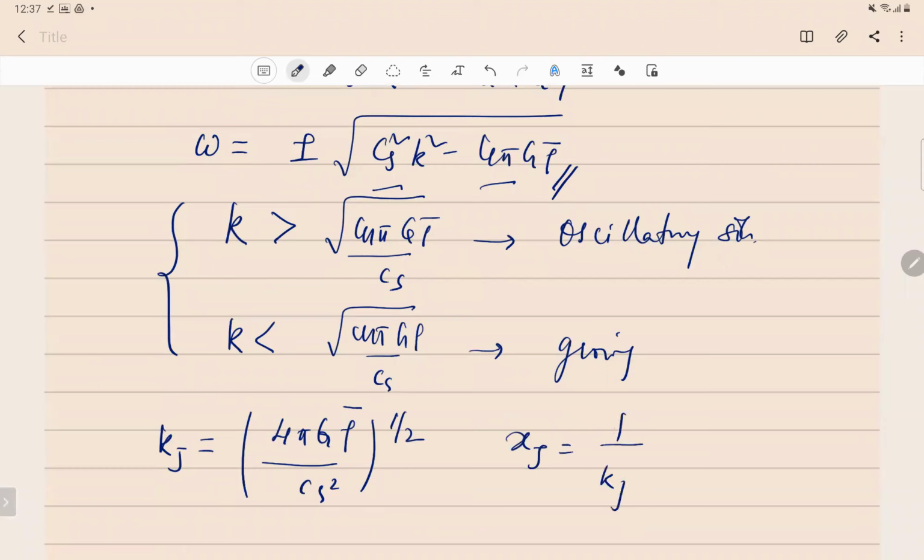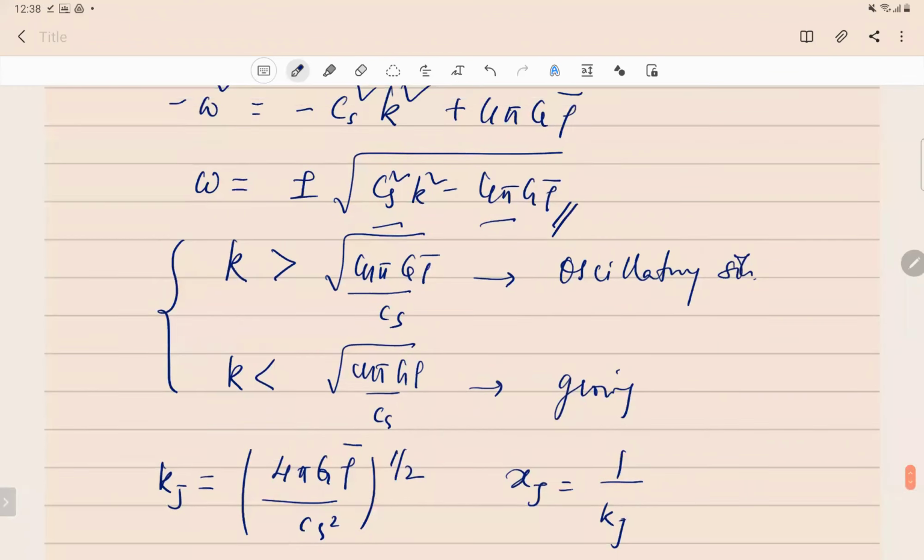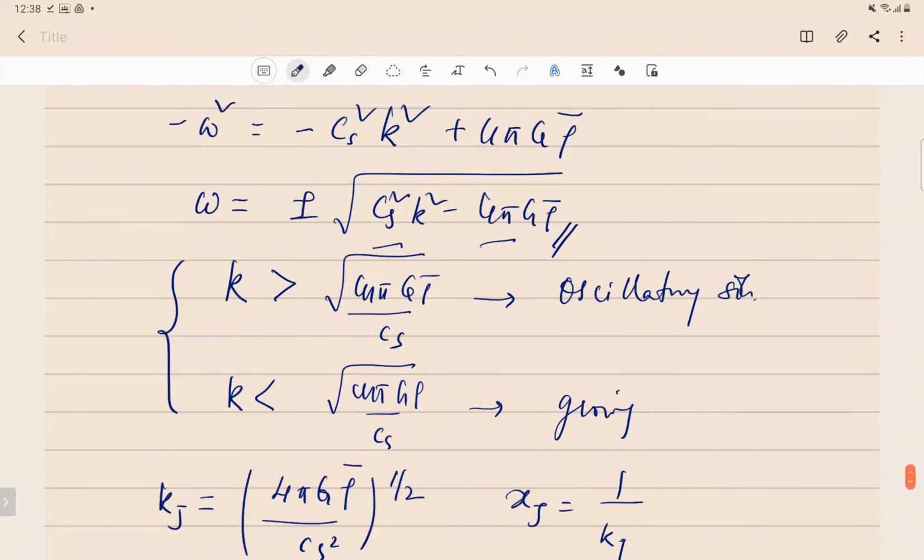So some people use a 2 pi, but it doesn't matter. So you can clearly see that now we have a physical scale at play. And you can actually verify that k has dimensions of inverse length. So there we have a physical length scale.